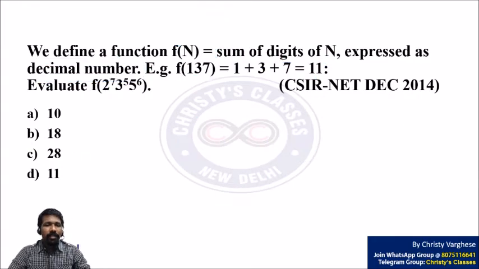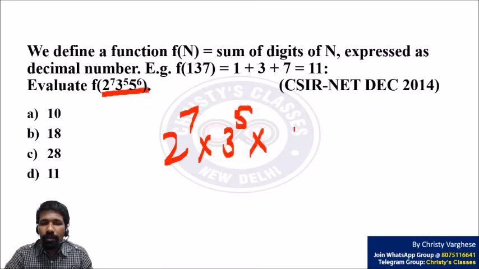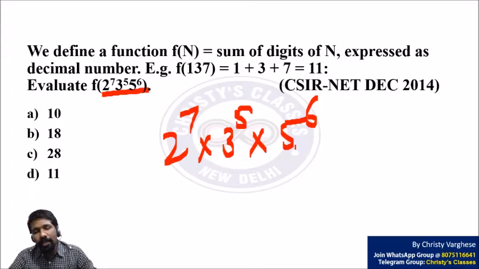So the challenging thing in this question, first of all, you have to understand the meaning of the question. That is the first challenging thing. And I think you have understood now the meaning of the question. You have to find this number value and then find the sum of digits of that value. So finding the number value, we will try 2 raised to 7 into 3 raised to 5 into 5 raised to 6. Here also you can do it mathematically and logically.